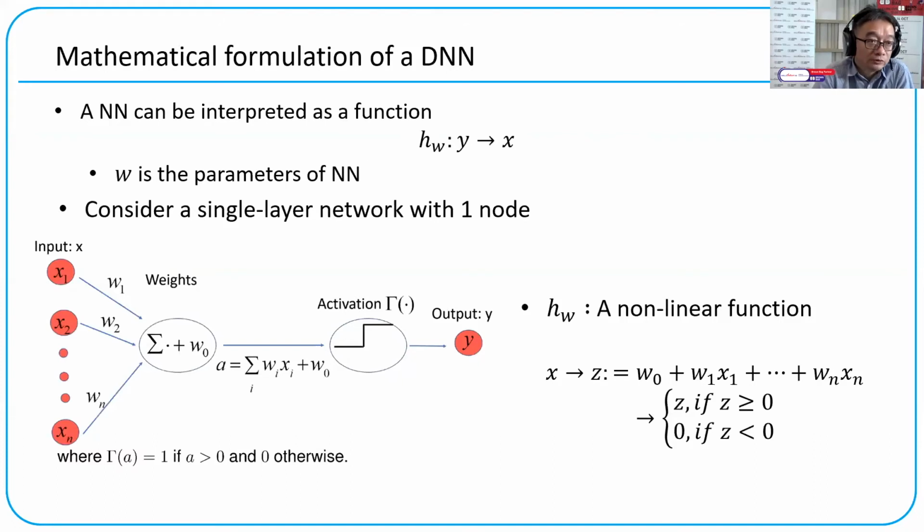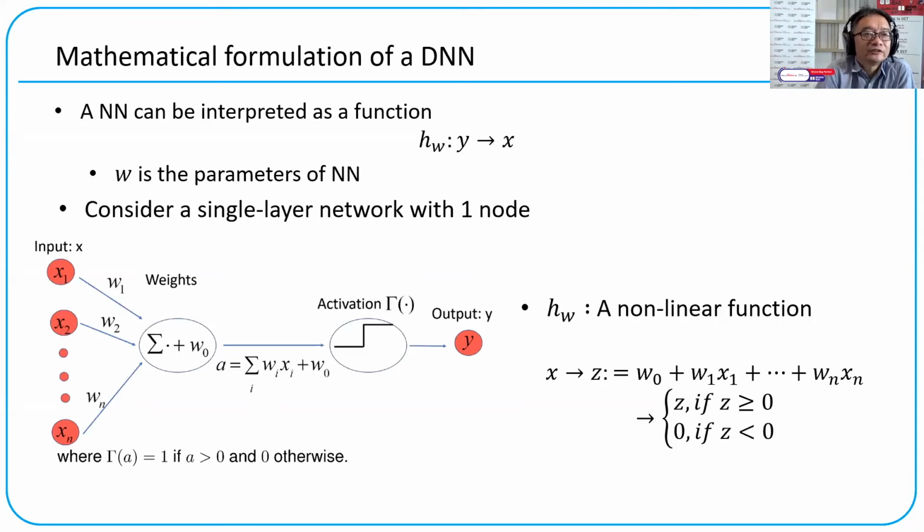Here I would like to show you that it might look like a mystery to you, but it's actually very simple math, just like what we learned in high school. Let's take a single layer network with only a single node. You have many inputs, x1 to xn. Each is assigned a weight, then you sum them together and get a value.